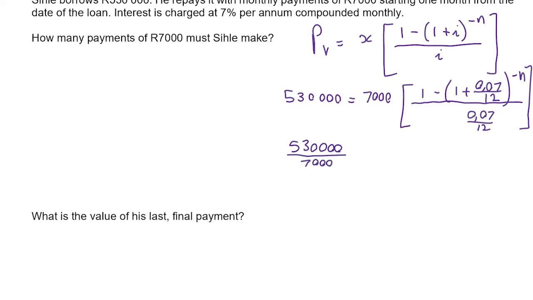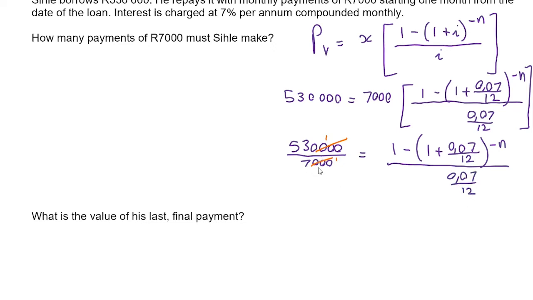Right, that can obviously simplify straight away to just 530 over 7. We've divided the top and the bottom by 1,000. That will equal 1 minus 1 plus 0,07 over 12 to the minus n over 0,07 over 12.